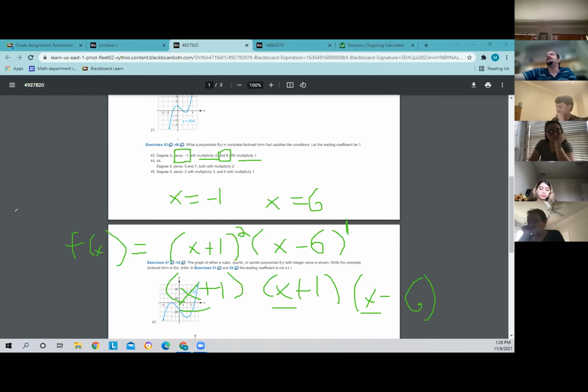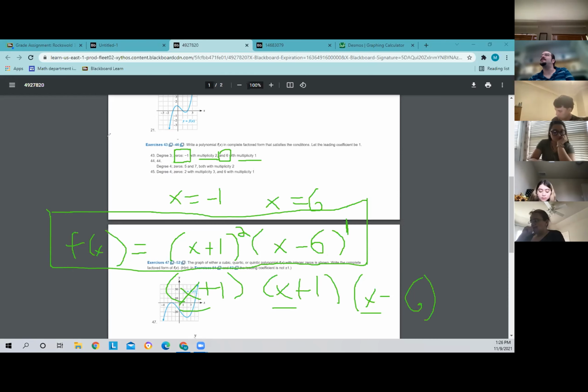Okay, because yeah, this is what I would expect for your solution, this thing right here, right? I thought we had to simplify that out, I thought we had to break that out.